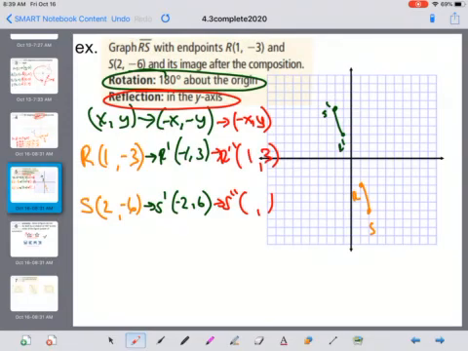One, 3, and 2, 6. That's how I would do both of those.